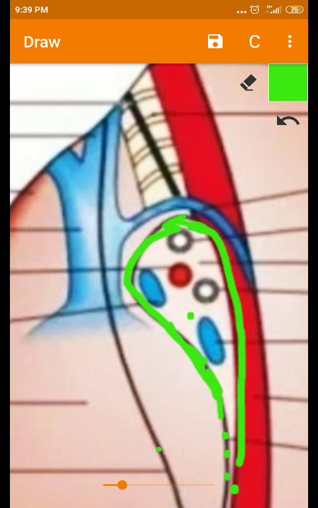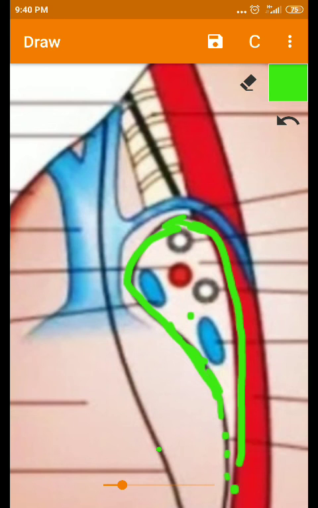The roots of the lungs on both sides lie opposite to the bodies of the 5th, 6th and 7th thoracic vertebrae. In the left lung also the root is present at this level only, at the T5, T6, T7 vertebral level. Okay, and this root consists of some structures.